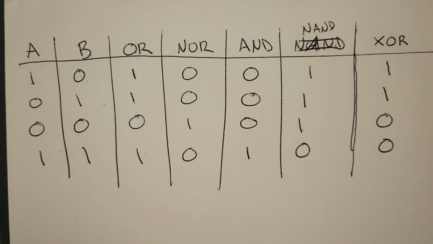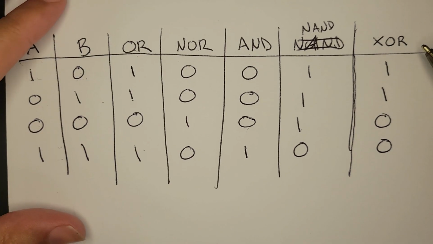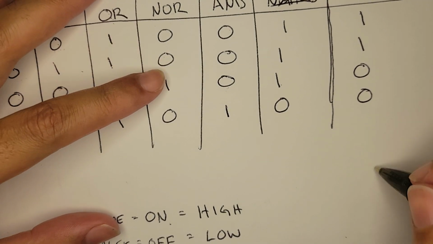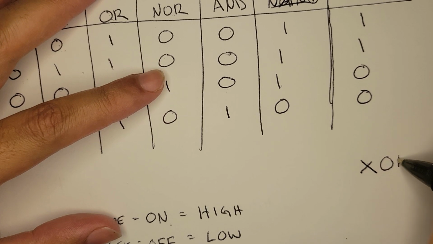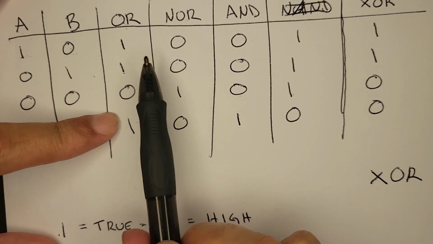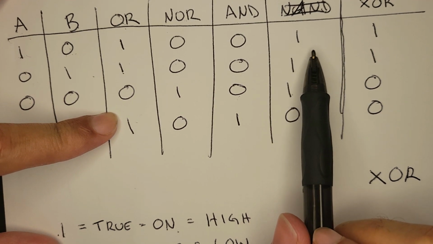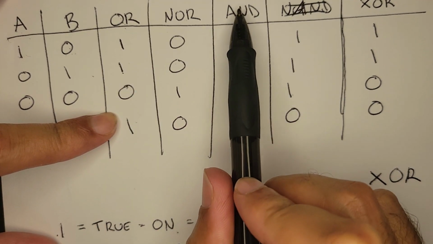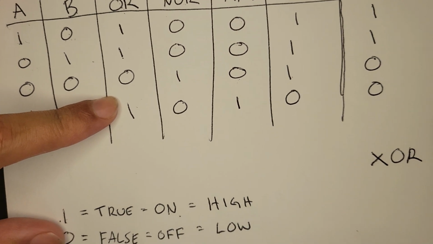So exclusive OR, let's look more closely at exclusive OR. Exclusive OR is basically taking the outputs of two of these gates and then using an AND operation on them.